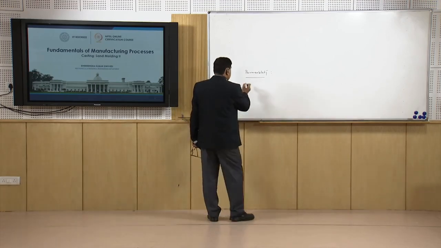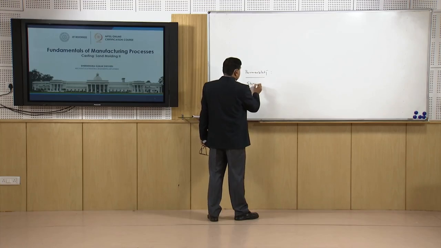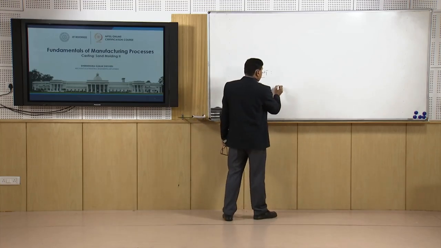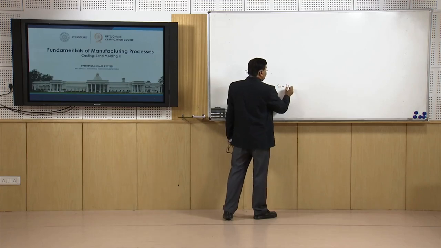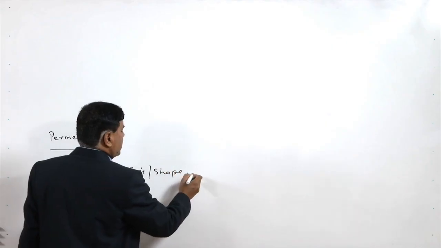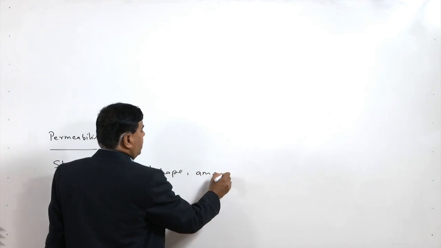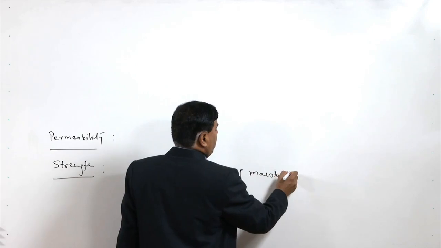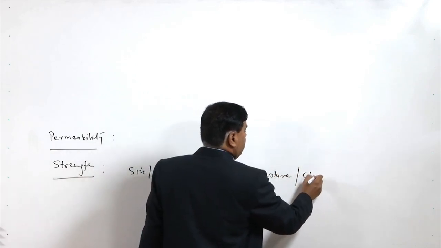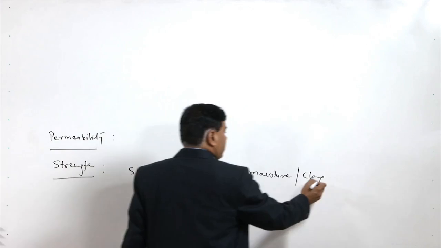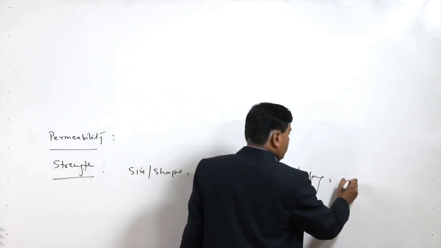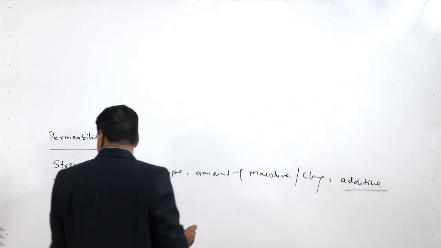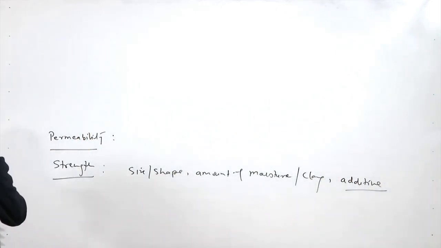Another factor is the strength. Strength is also affected by the size and the shape of the grains, the amount of moisture and clay both, and the kind of additives which have been used; they also determine the strength of the mold effectively.